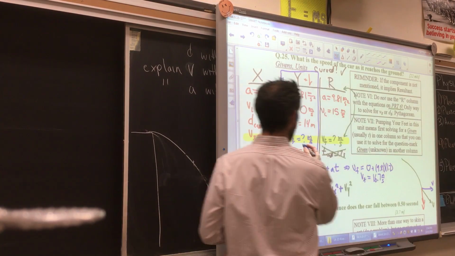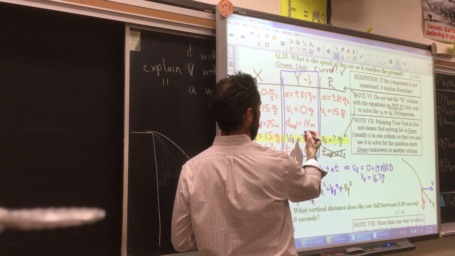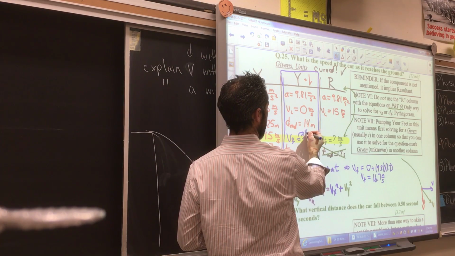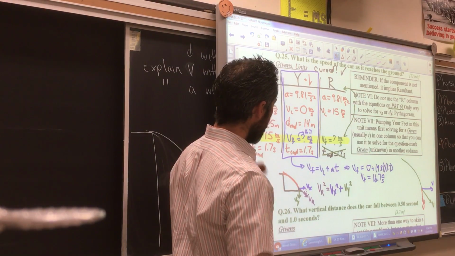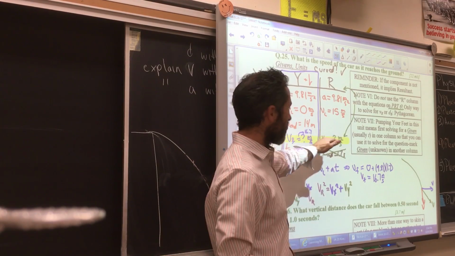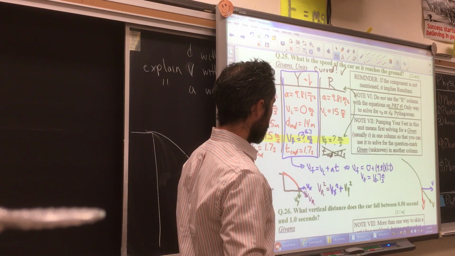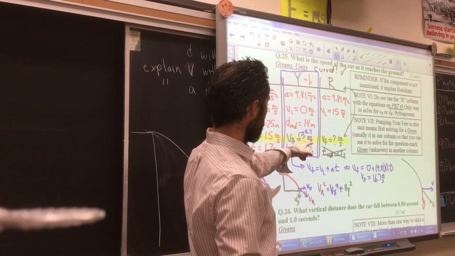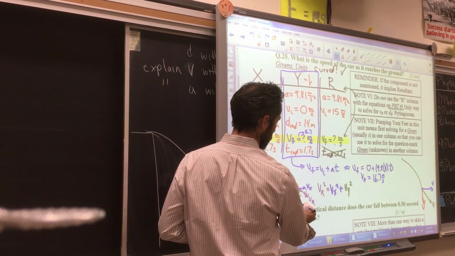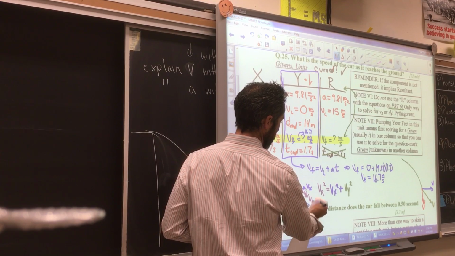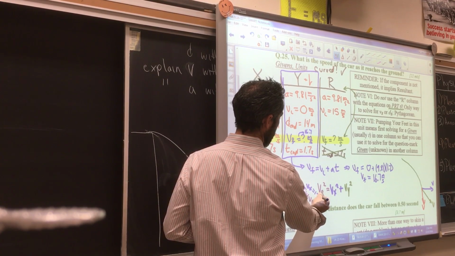And so that is our Vf in the y direction. Now I can say 16.7 meters per second. And so now we're ready to solve for the resultant final speed. The resultant final speed will just be these numbers we can fill in. This one is 16.7. This one is 15.